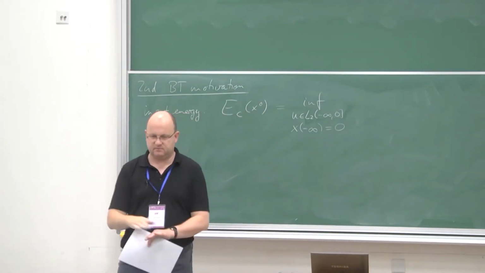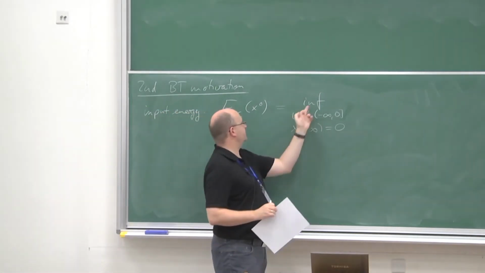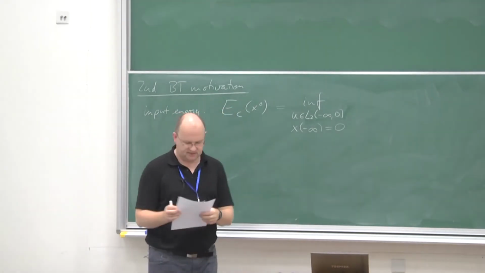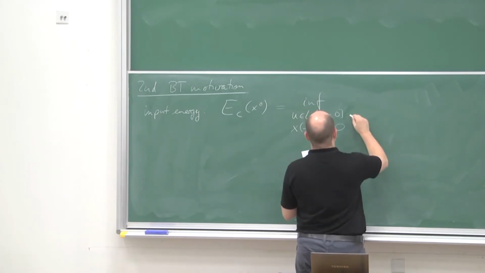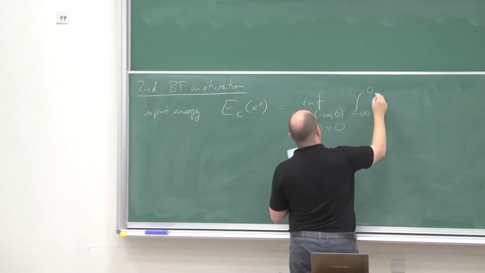So you start from 0 initial condition at -infinity, and you want to get to x0 at time 0. And the question is how much energy is needed to do that. And that's then the integral, of course, over the time interval.